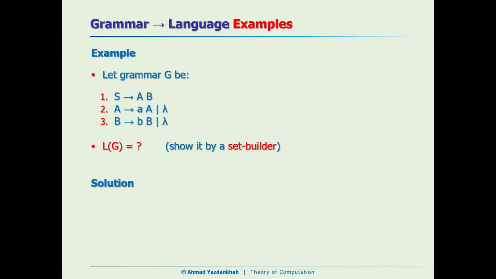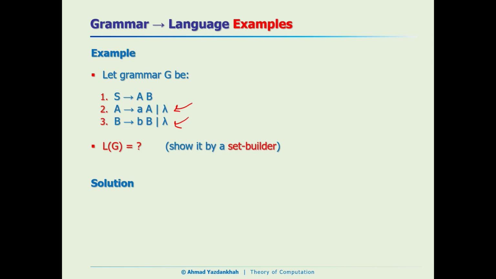Okay, another example. S goes to A B, but A and B are defined as A lambda, B lambda. Oh my God, we are familiar with this too from the previous examples.